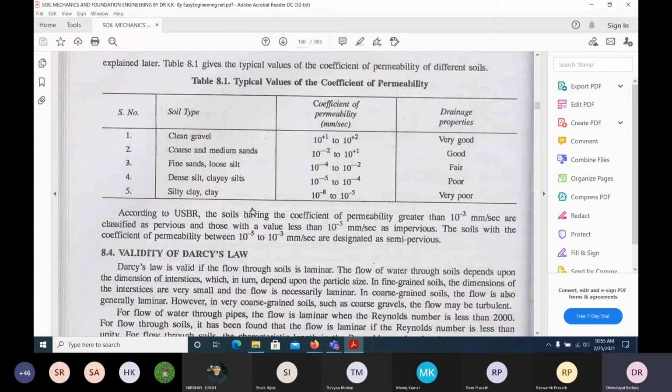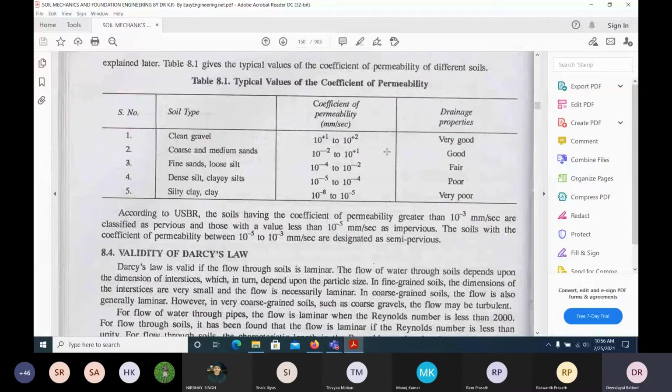Which soil will have more permeability here? Typical values are given in the tabular column. Clean gravel is 10 to 100, with very good drainage property. Coarse grain medium sand is 10 to the power minus 2 mm per second.